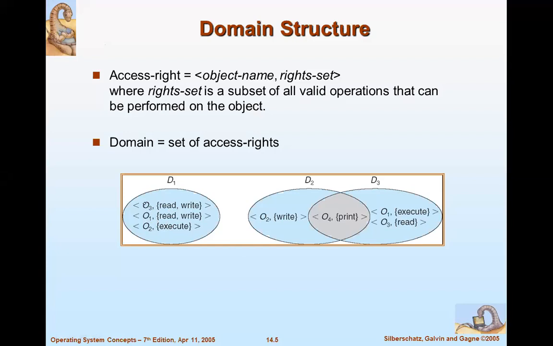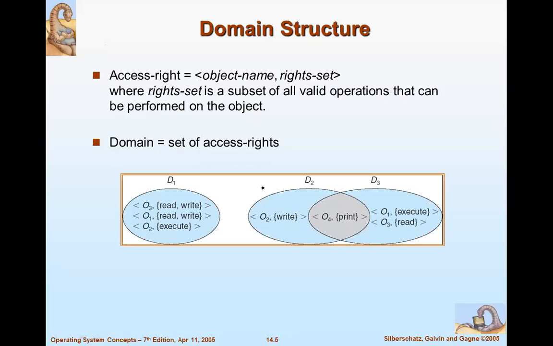You can see in the first line that access right is equal to object name and right set. What is the object name and what operation you can perform on that, what rights you have once you have access to this object, where the right set is a subset of all valid operations that can be performed on the object. And similarly, the domain is equal to the set of access rights.